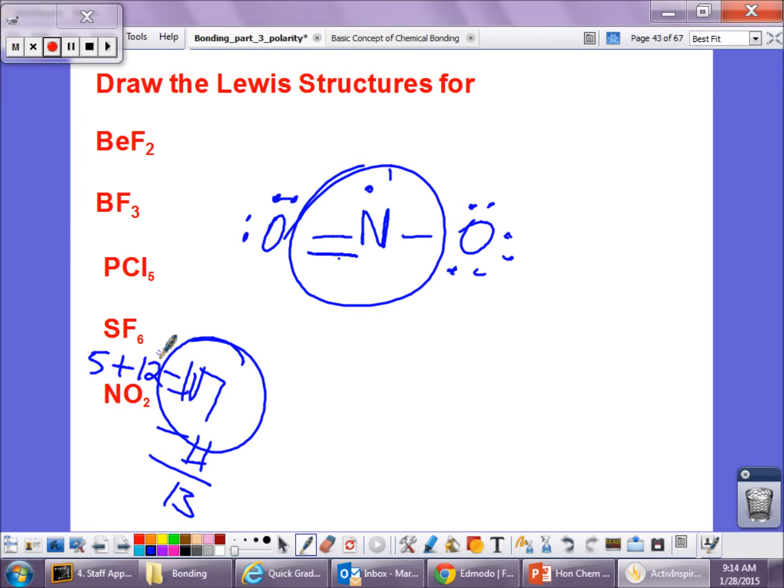So we try to give nitrogen as close to 8 as possible. If the total is odd, the central atom will be an exception. Now, we could even draw a resonance with this. You can flip that double bond here and put a single bond here. Resonance. Because of time, I'm not going to do that.